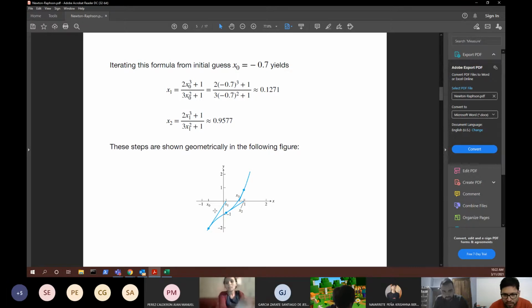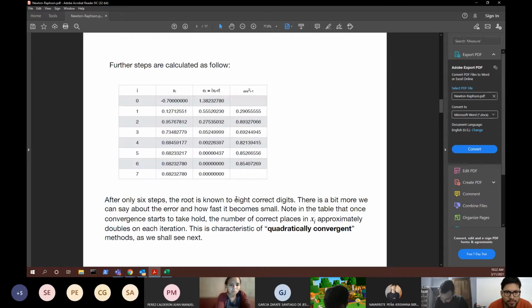And then we obtain the next one, which here is actually 0.95, right? And we already know that for this curve, the solution is going to be about, I don't know, like 0.7 something, right? So we are just moving the tangent throughout the line until we reach this point.